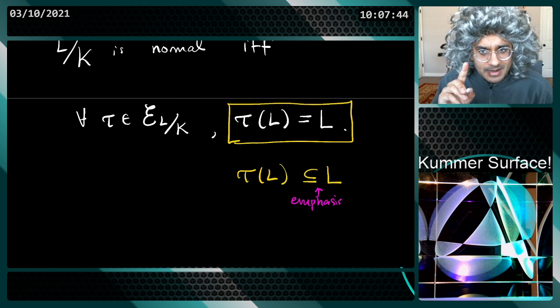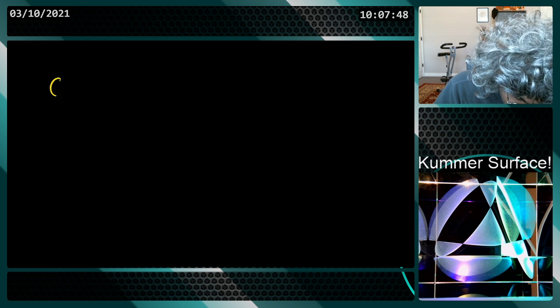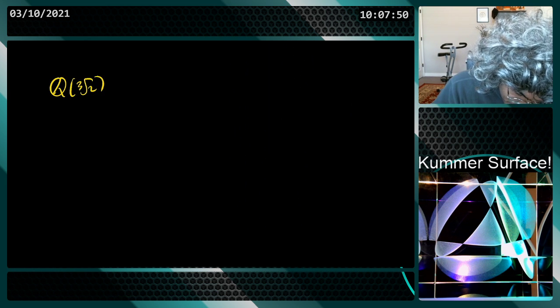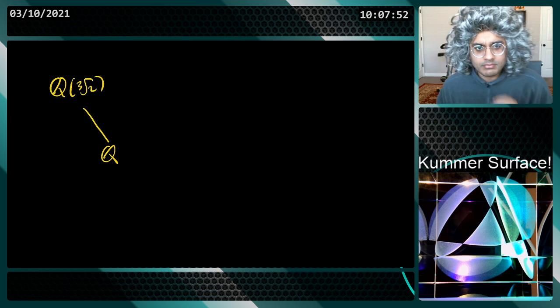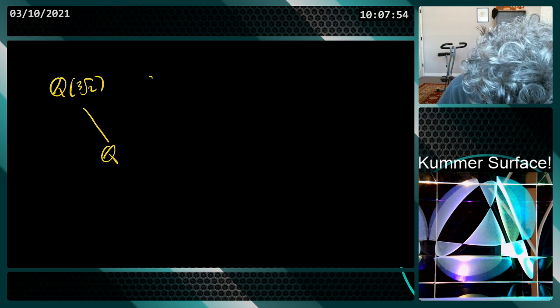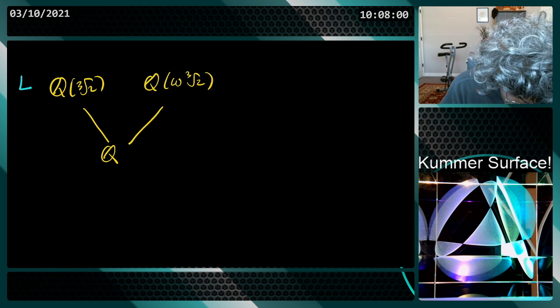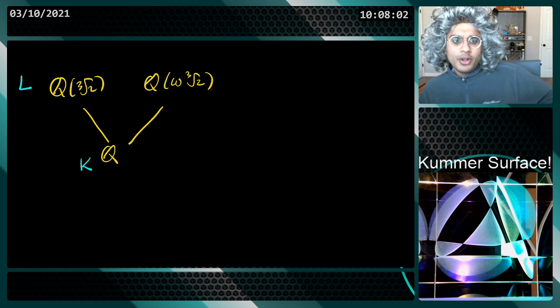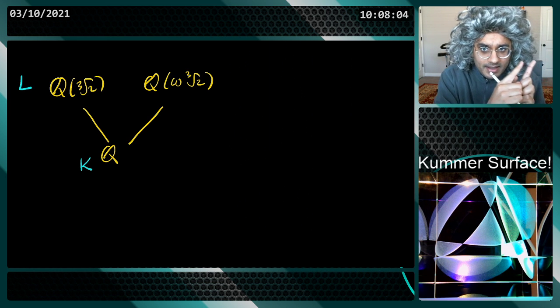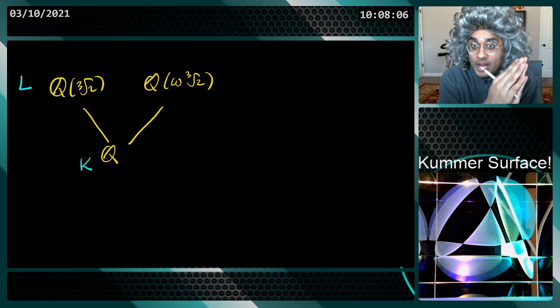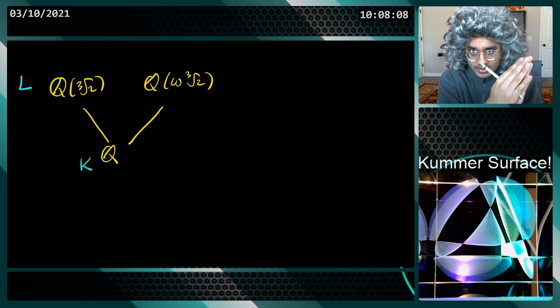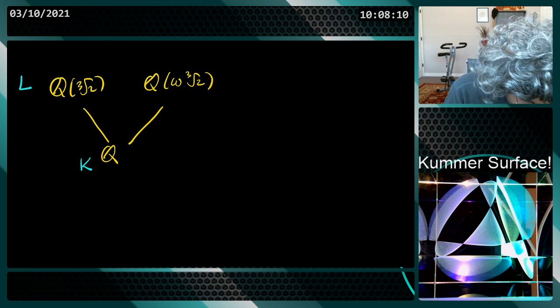So let me show you an example where this is clearly false. So look, you've got this, but you also got this one. This is my L, this is my K. Notice that there is a way of mapping L over K, a K homomorphism, from the left field to the right field.